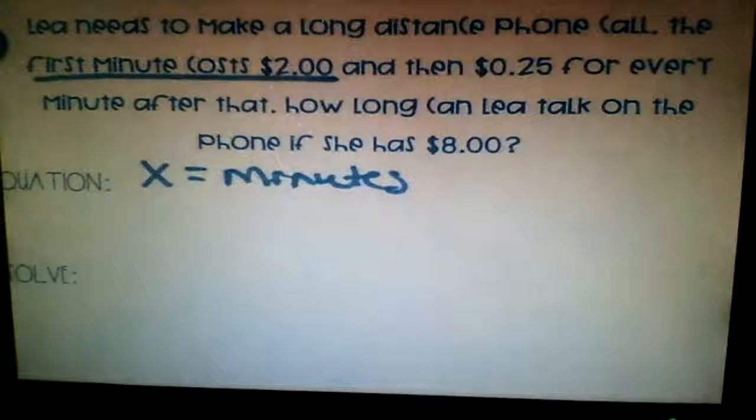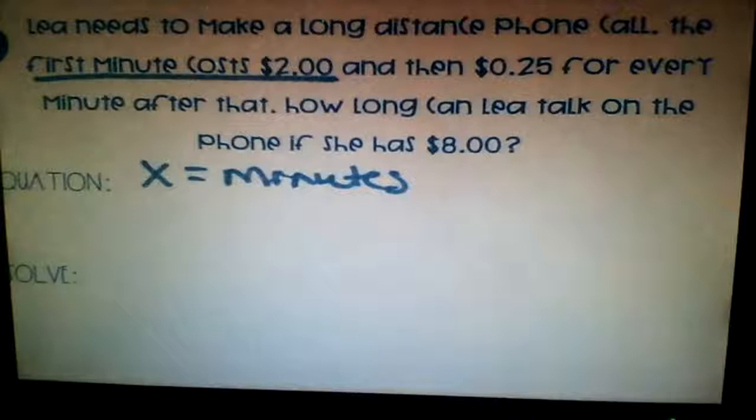Okay, so right now we're talking, and I'm going to write this up here so we can make some mistakes and fix it before we write it. Okay, so she's getting charged $2. After that, she's getting charged 25 cents for every minute after the first one.